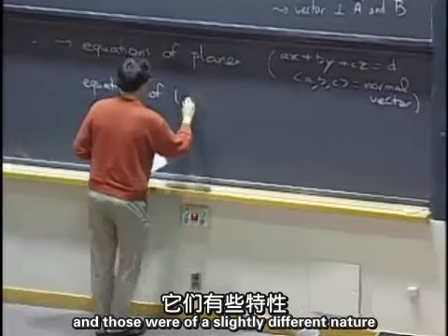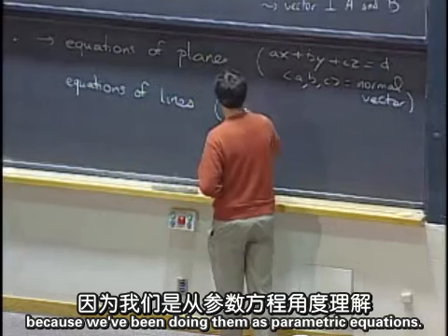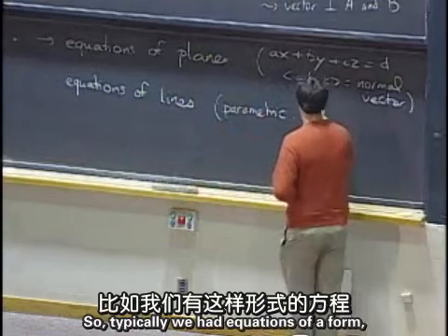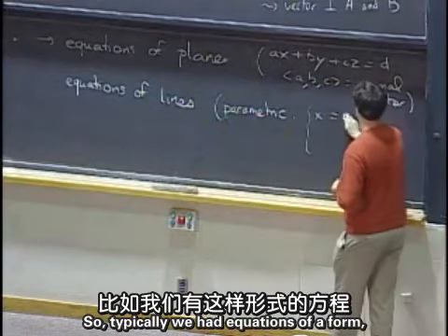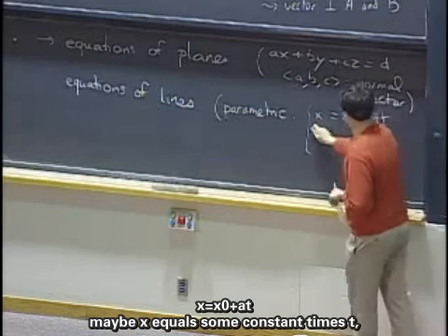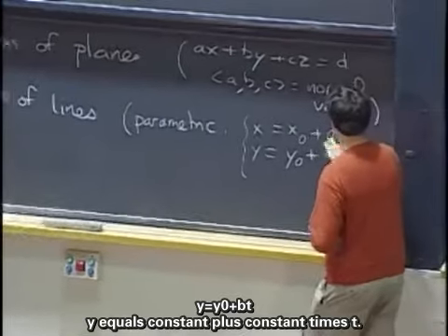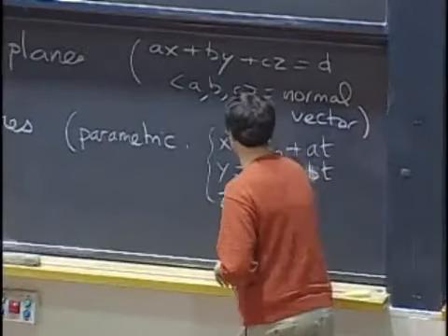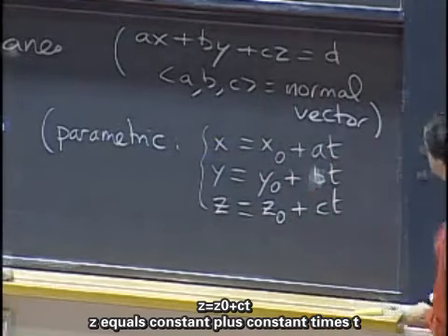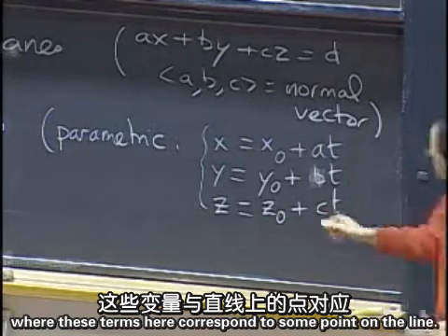Okay, we've also seen how to look at equations of lines. And those were of a slightly different nature because we've been doing them as parametric equations. So typically we had equations of a form maybe x equals some constant plus some constant times t, y equals constant plus constant times t, z equals constant plus constant times t, where these terms here correspond to some point on the line.